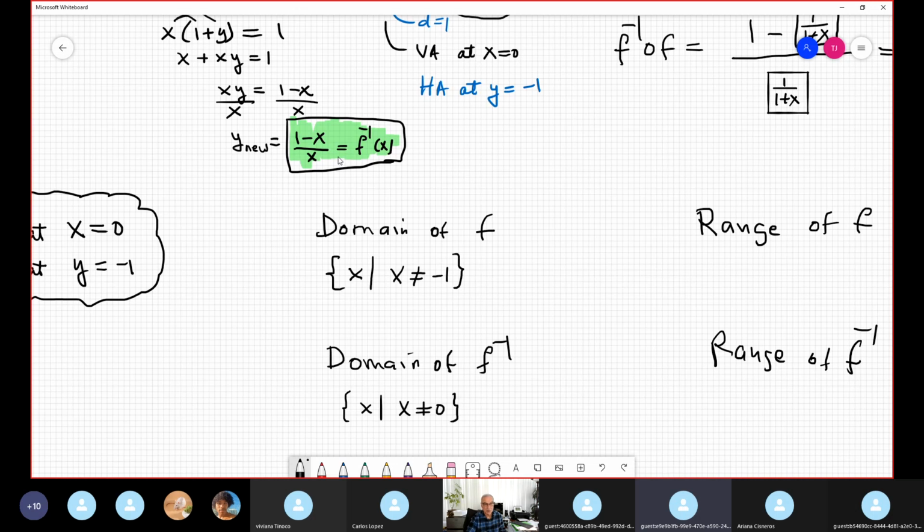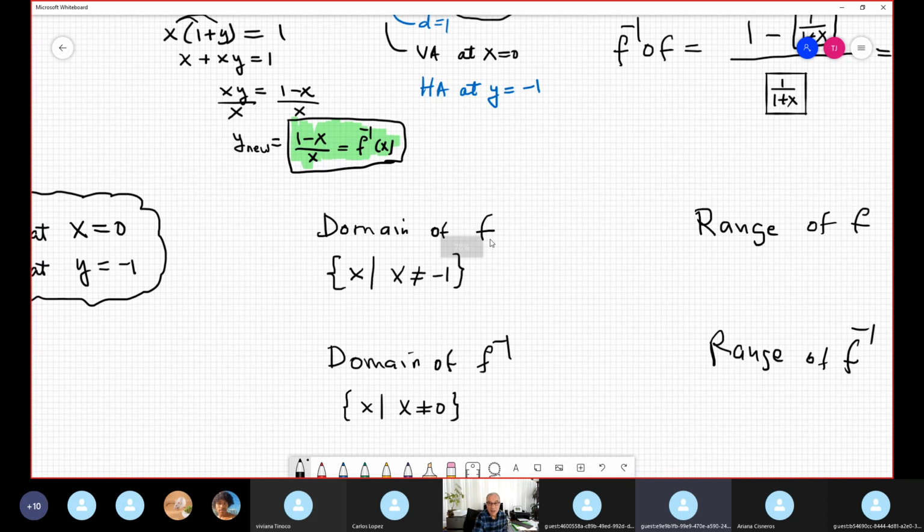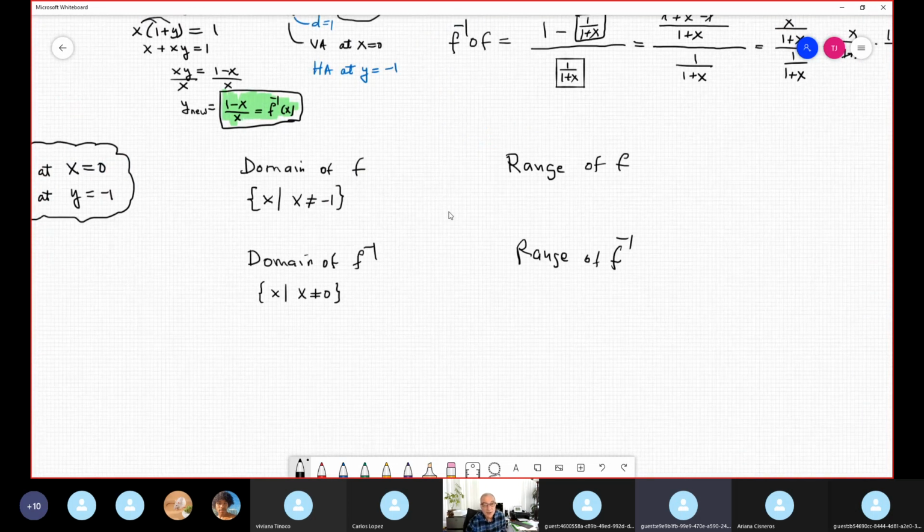The illegal value is 0, division by 0 is undefined. And the same idea you copy and paste here. You see in this example it's not the same, it's different. The range of the inverse function is the same kind of set, but in this case it's y such that y is not -1.